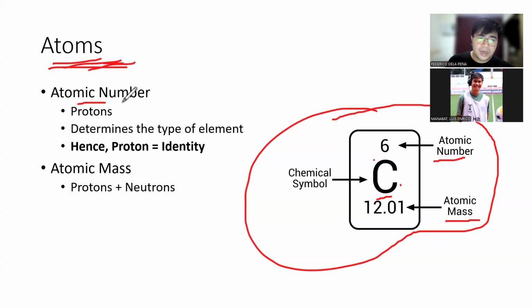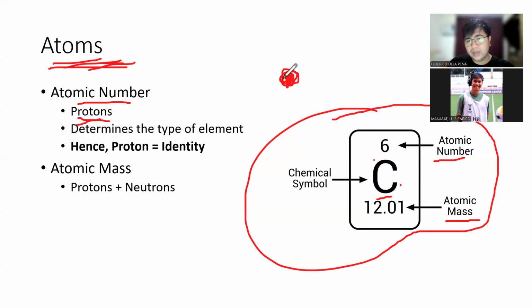The atomic number is defined as the number of protons in the atom. Protons are inside the nucleus. So an atom is like the solar system.